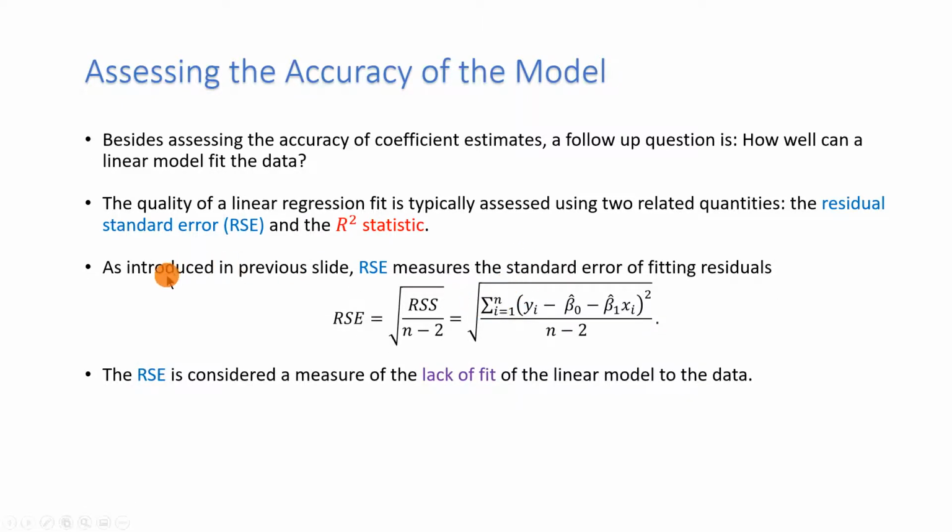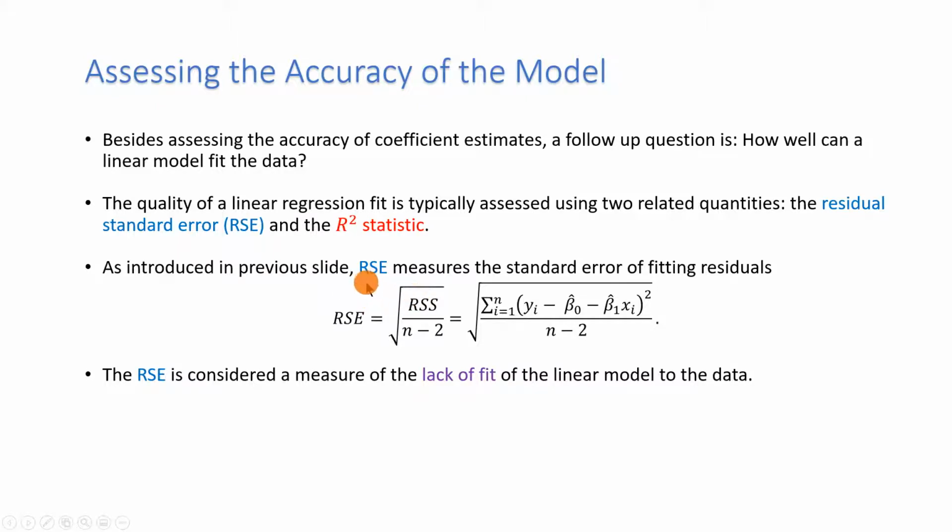So as we have introduced in the previous slide, the residual standard error is the quantity we use to estimate the unknown coefficient sigma, right, which is the standard deviation of your approximation error epsilon, right? And this residual standard error can also be used as a quantity to assess how well you fit this linear model.